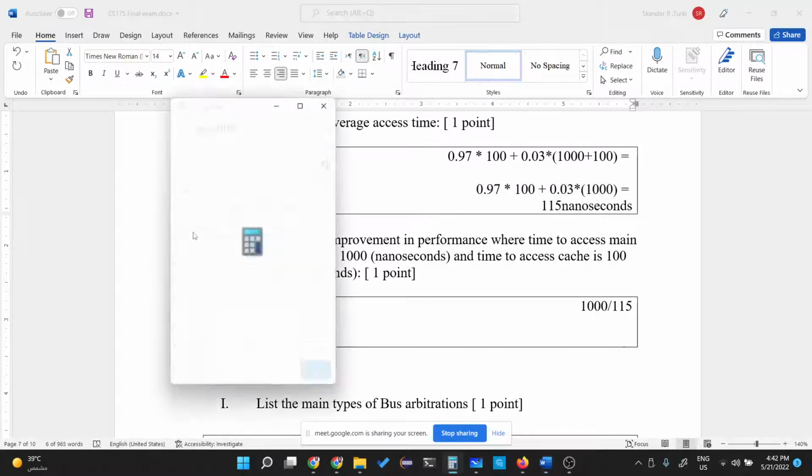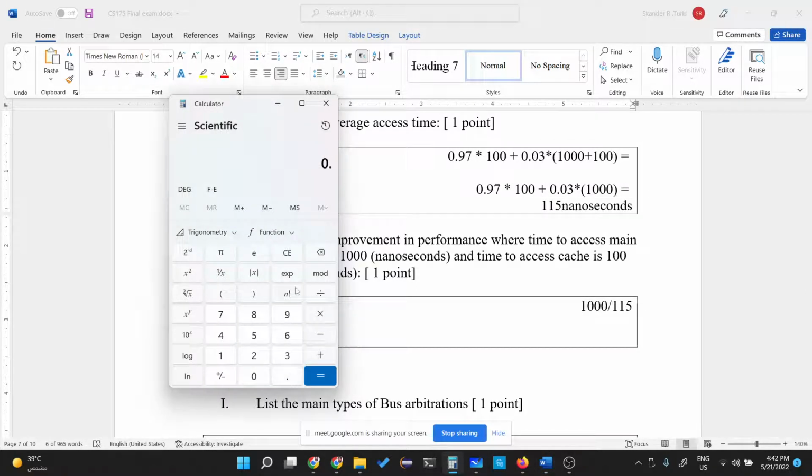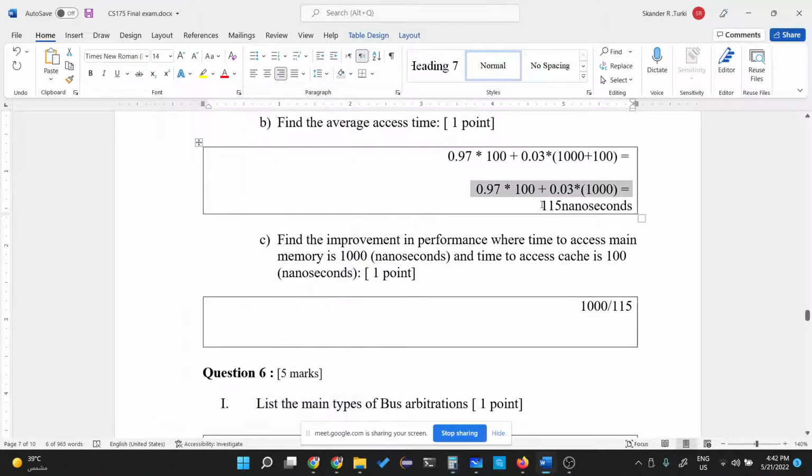Here we computed 0.97 multiplied by 100 plus 0.03 multiplied by 1000, which is 127.